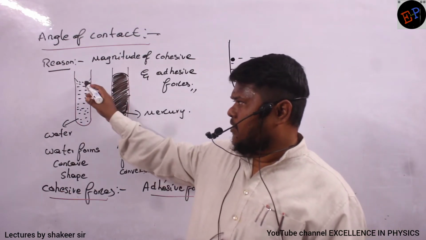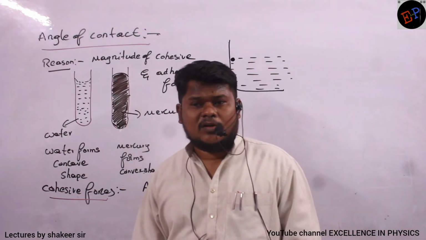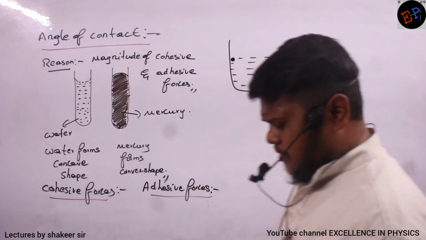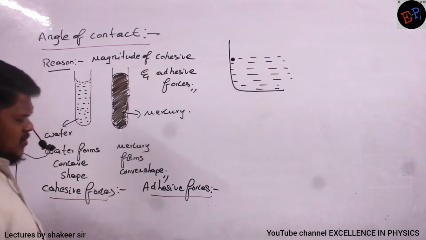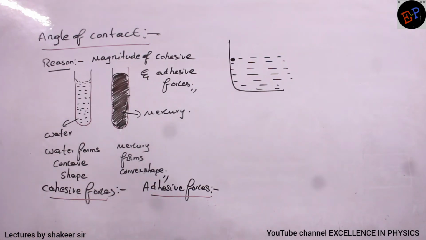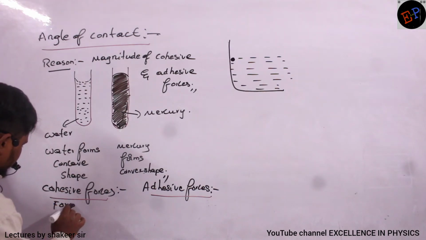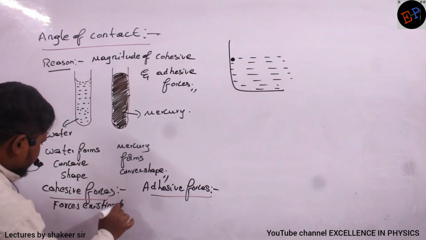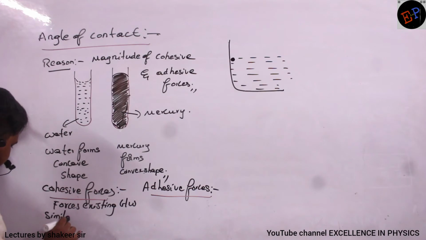So here the shape of the liquid meniscus is concave. Here the shape of the liquid meniscus is convex. Now what is the reason for this? First of all, we have to define what is meant by cohesive forces and what is meant by adhesive forces. Cohesive forces are attractive forces existing between similar molecules.